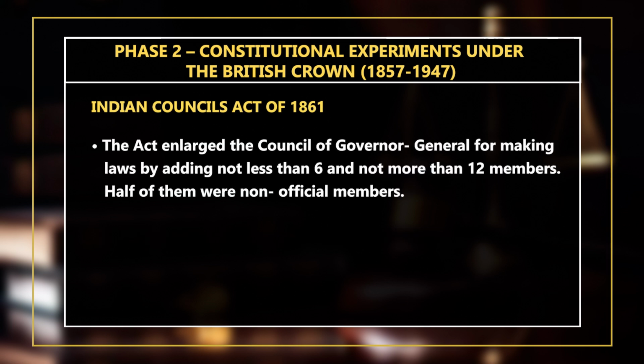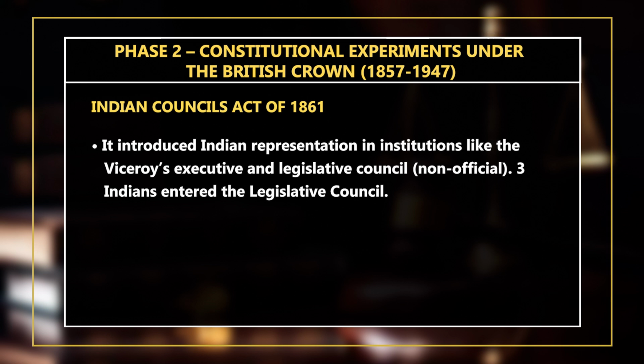The Act enlarged the Council of the Governor General for making laws by adding not less than 6 and not more than 12 members. Half of them were non-official members. It introduced Indian representation in institutions like the Viceroy's Executive and Legislative Council.